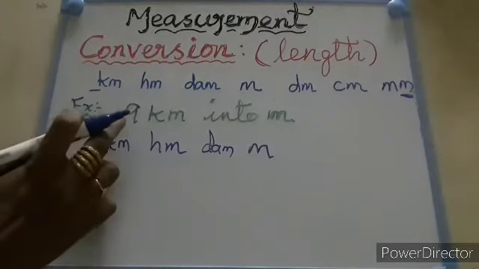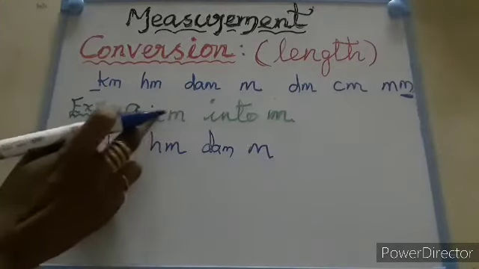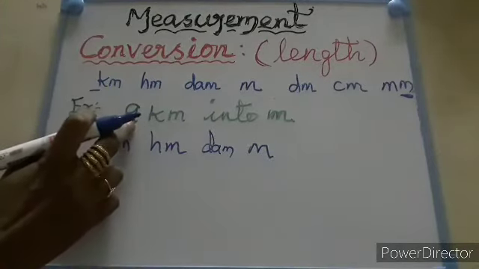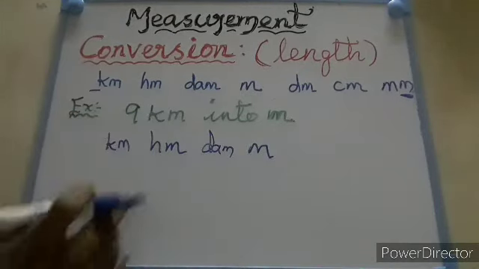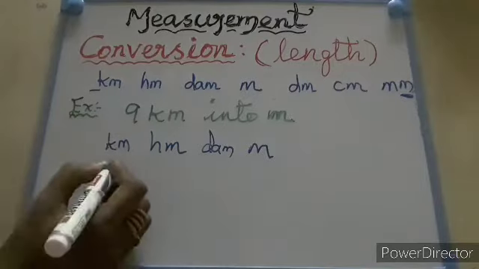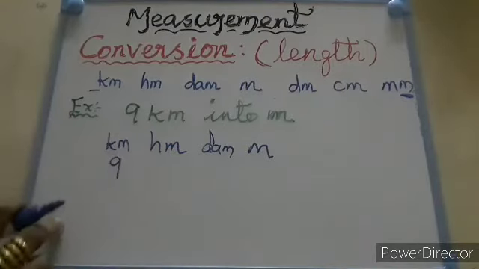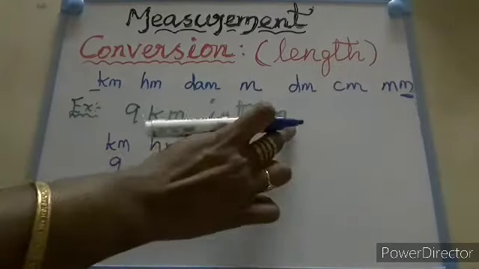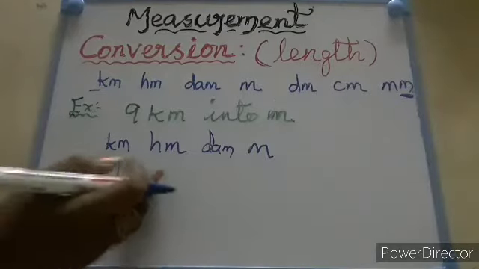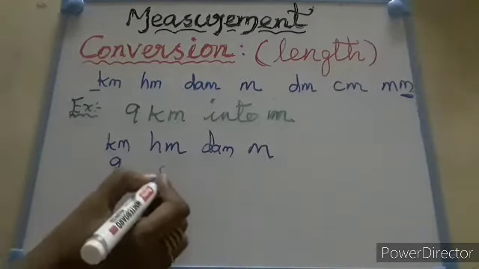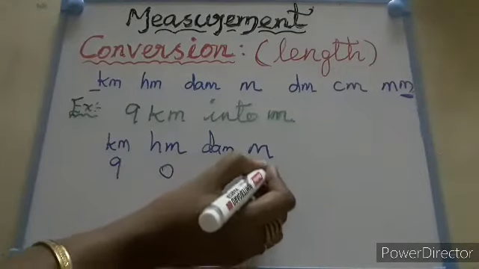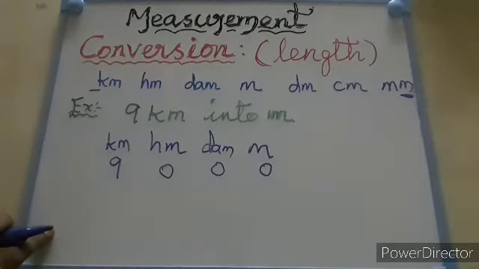Yes. Now what is given here? Near kilometer which number is there? 9. So the 9 belongs to kilometer, right? So you write it as it is near 9. They are asking meter, and after that there is no number. So what do you have to do? You have to put 0 till meter. That's all.